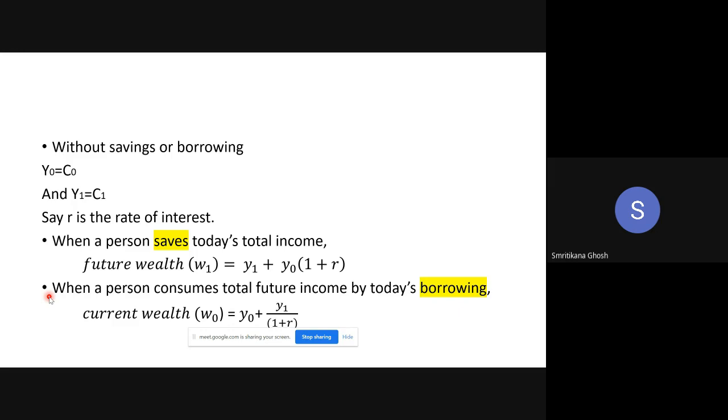Because remember, there is interest also. It's not so easy to just borrow Y1 because tomorrow your income will be Y1 and pay it back. No, with this money you have to pay back the interest also. There is a borrowing interest, so you have to pay that too. So Y1 is not your today's maximum borrowing. Do you get my point?